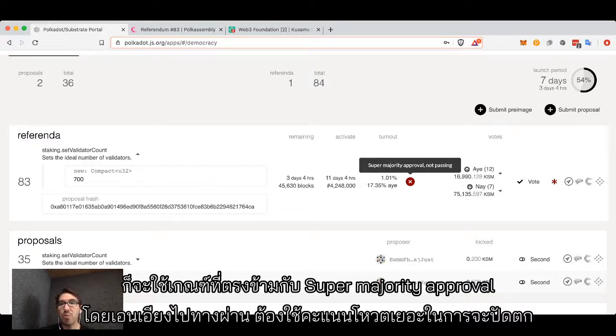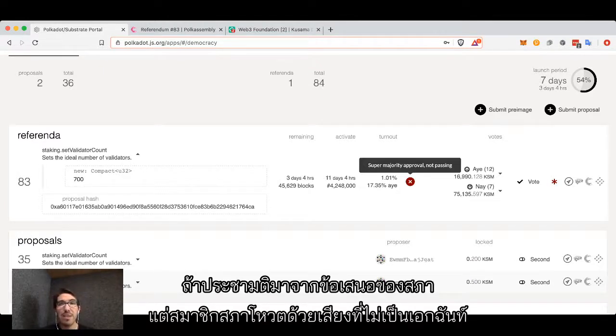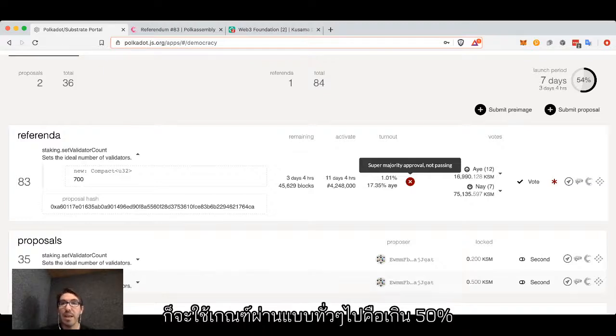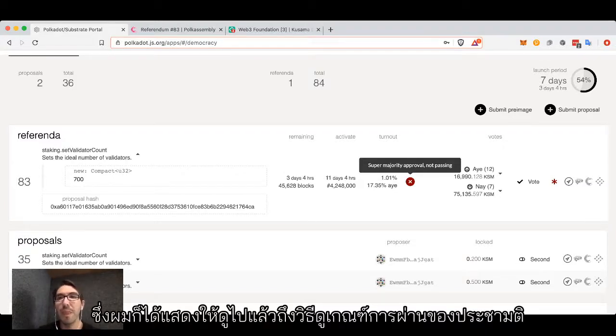It is biased towards passing, and the lower the turnout, the easier it is to pass. If it's from the council, but the council was not unanimous, then it's a simple majority carries vote. That is 50% plus 1. So this will tell you, and I'll actually show you a way of figuring out a little bit more precisely what the votes necessary to pass it are in a moment.